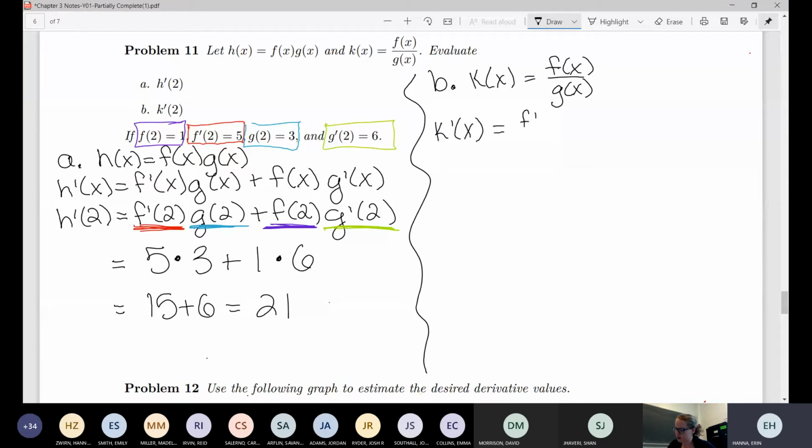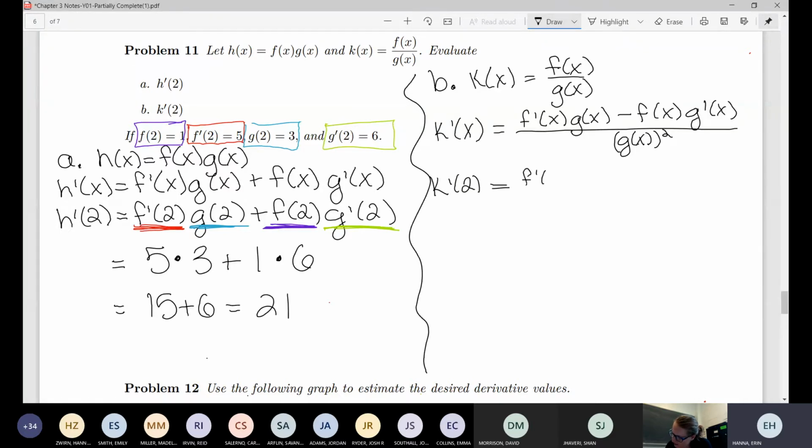We have the derivative of the top times the bottom minus the top times the derivative of the bottom, all over the bottom function all squared. Plug in a 2 everywhere you see an X. 2, 2, 2, 2, 2. Place the values in their correct spots.